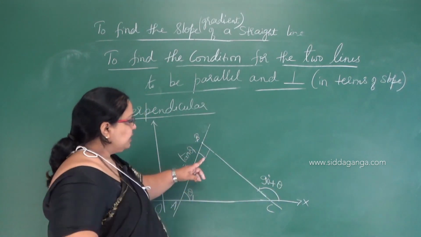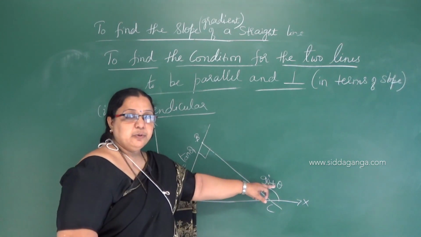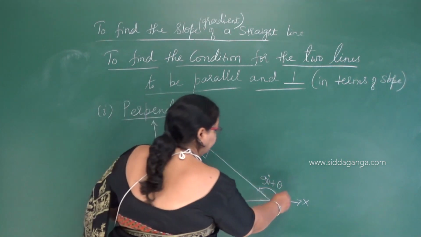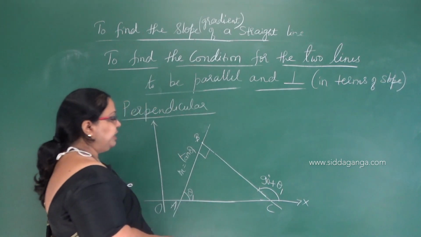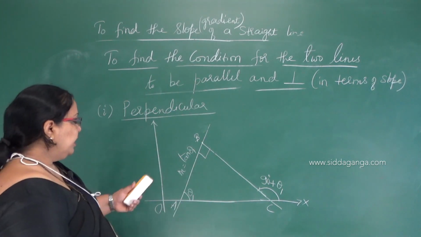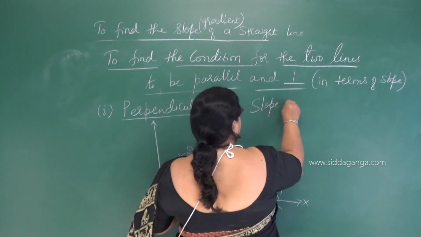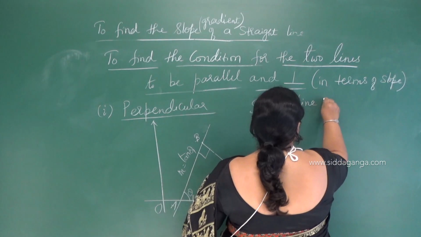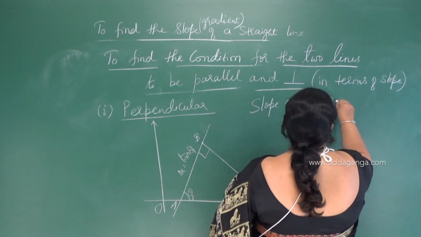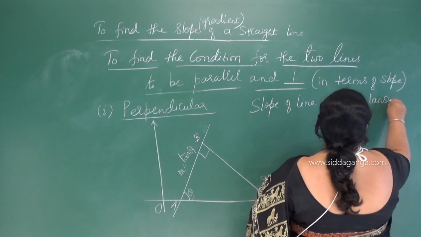So the sum of the two interior angles is equal to the exterior angle, that is 90 degrees plus theta 1. Therefore, the slope of line AB is m1 equal to tan theta 1.